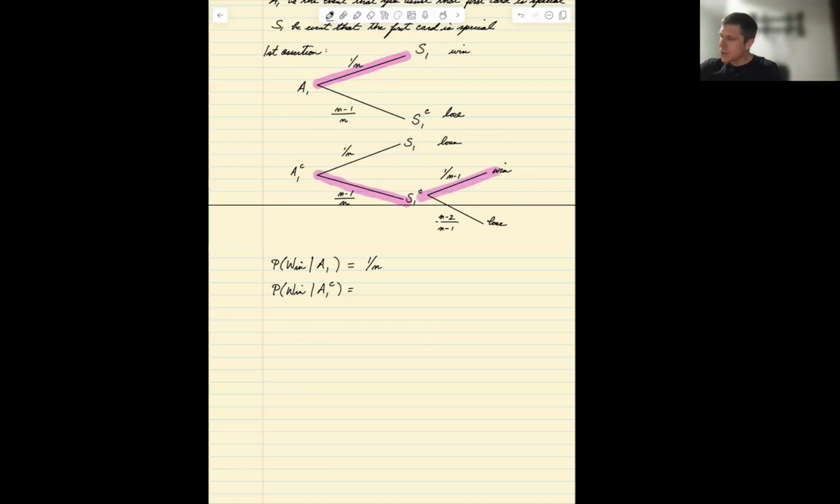So it's the probability that we win given that the first card is not special, times the probability that the first card is not special. This is just the multiplication rule.